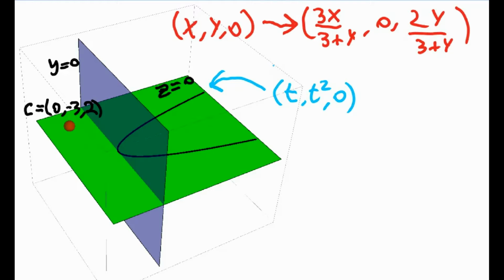And so as we vary t from minus infinity to infinity, we sketch out this parabola in this way.